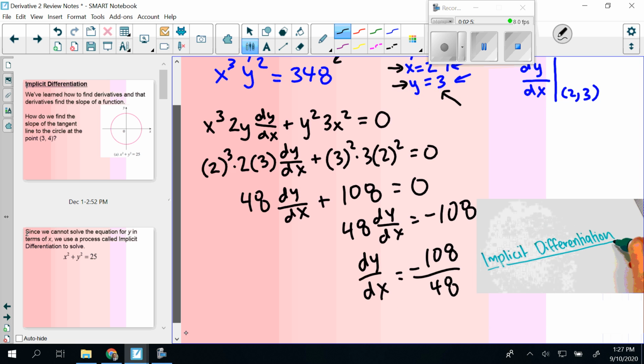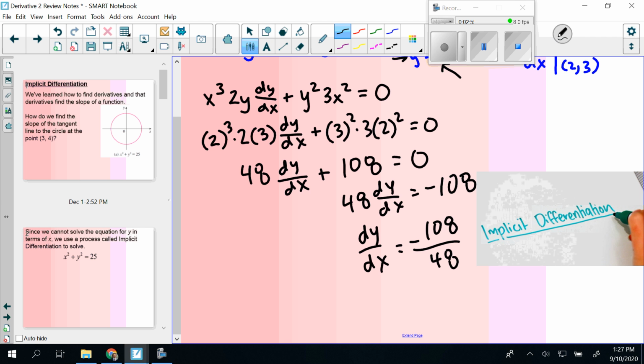That can be reduced, so if you go on your calculator, I think 12 goes into both of those. It tells us that our derivative evaluated at the point (2, 3) ends up being negative 9/4, or with function notation, that's f prime of 2.